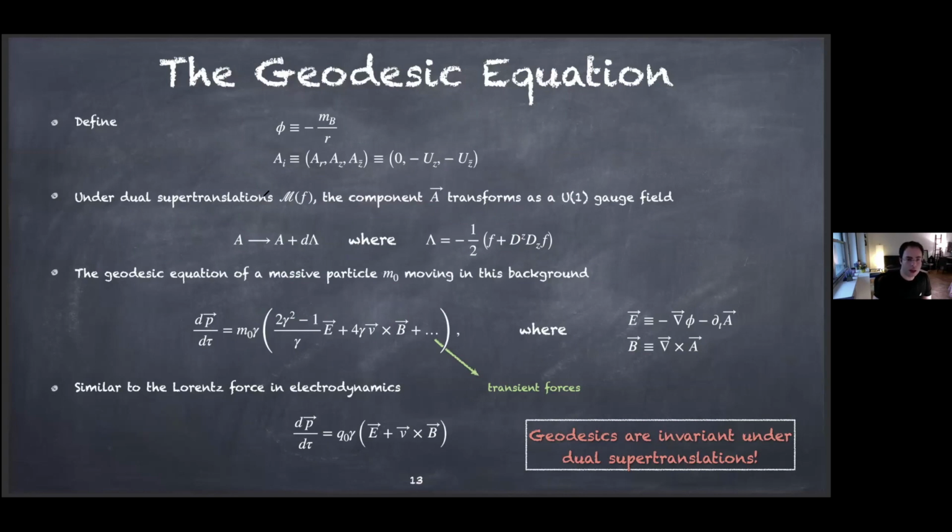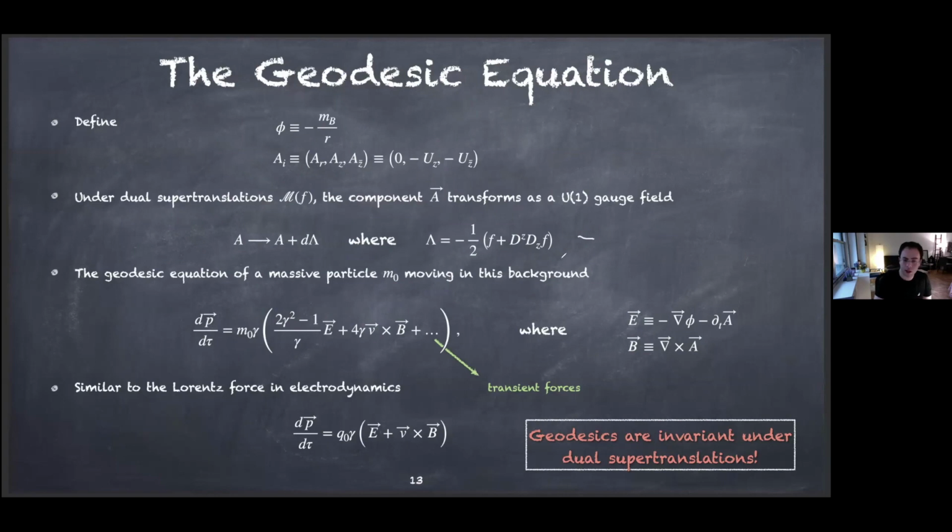Now, there is a non-trivial result which says that this potential that I defined using the metric components, under dual supertranslations, this vector field A transforms as a U(1) gauge field, where the transformation parameter lambda is related to F by the following formula.